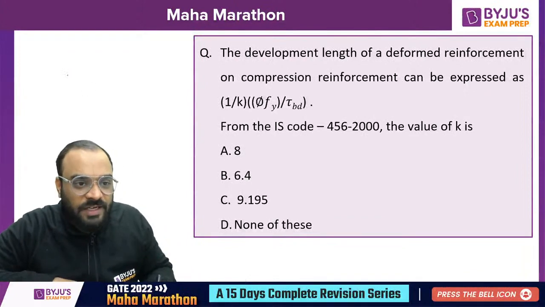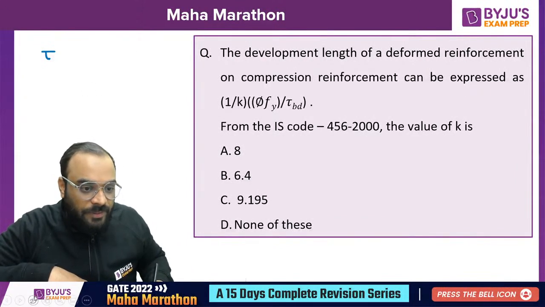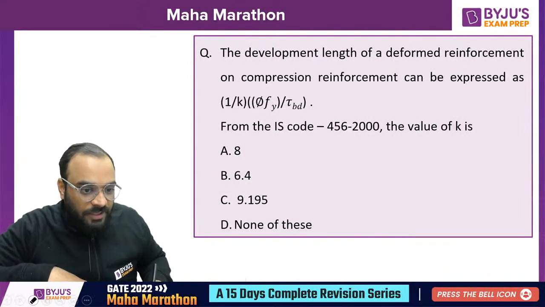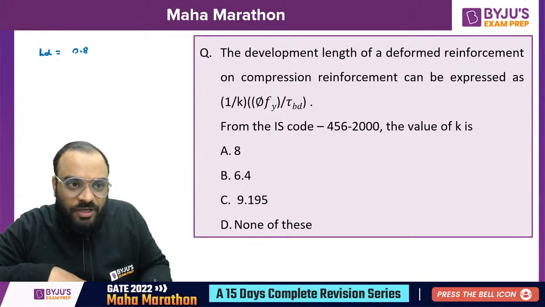No problem, guys. Let's understand the formula first. First we need to calculate the development length. It is very simple. LD is equal to 0.87 Fy into phi divided by 4 times tau BD permissible value, right?